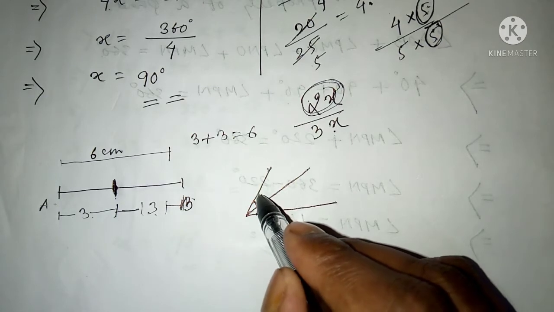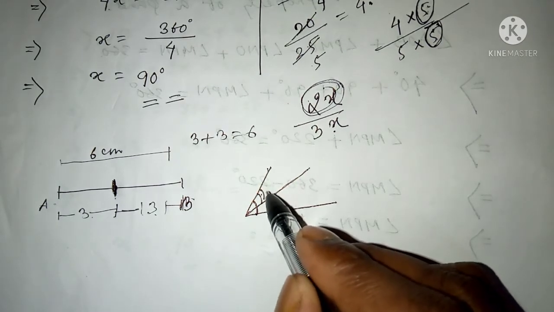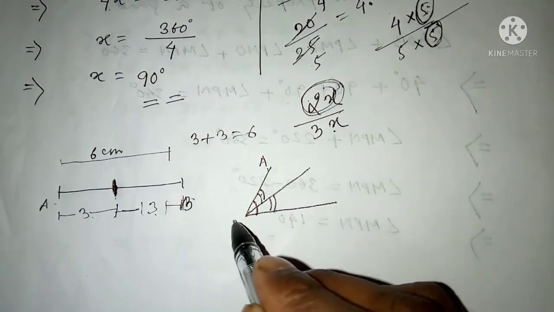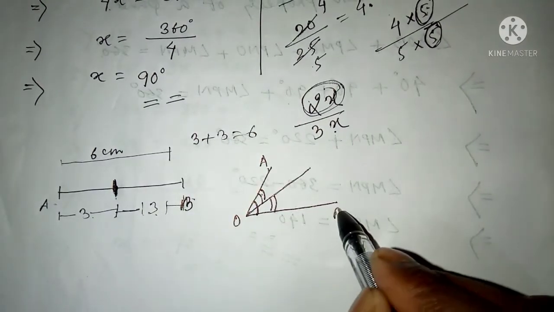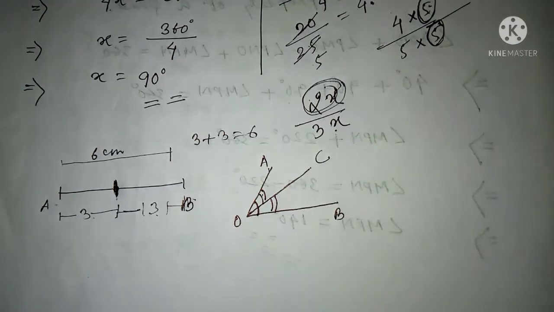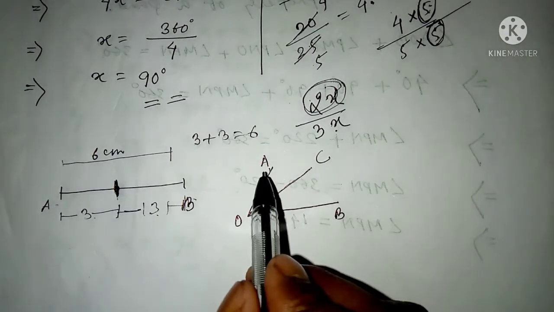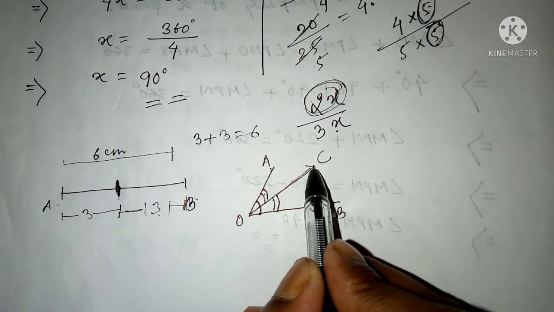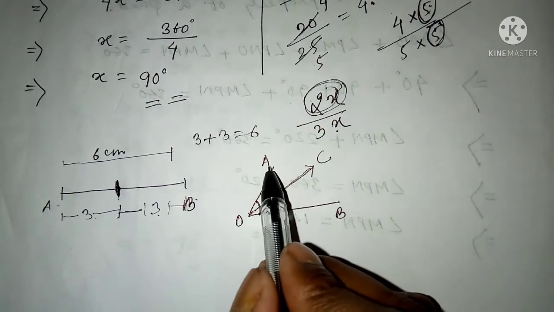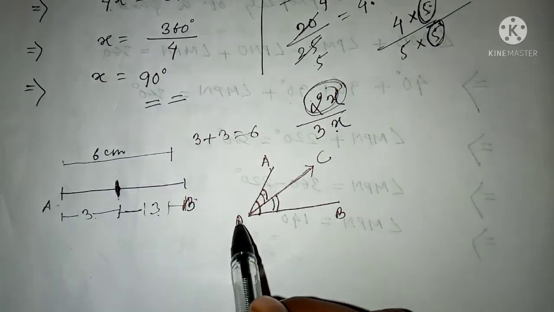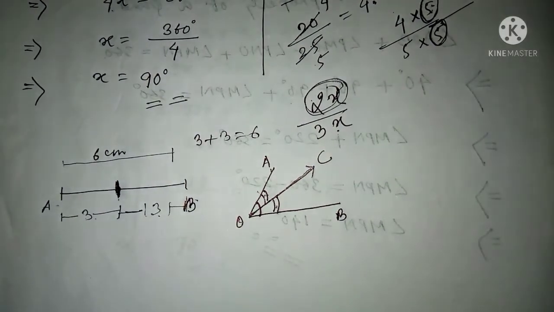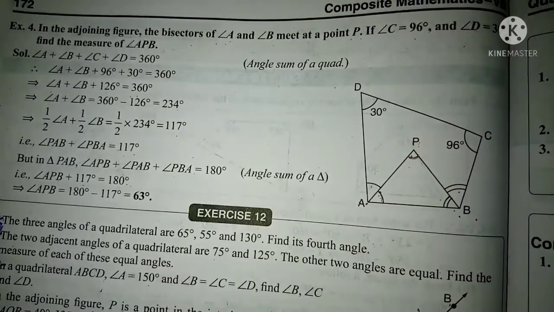If this angle is equal to this angle, and I name this one A, O and B, and this one C, then the line segment OC, or you can say the ray OC, will be the angle bisector of AOB. So bisect means to equally divide. It's very simple.